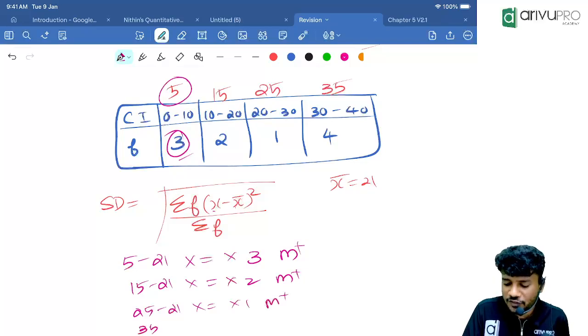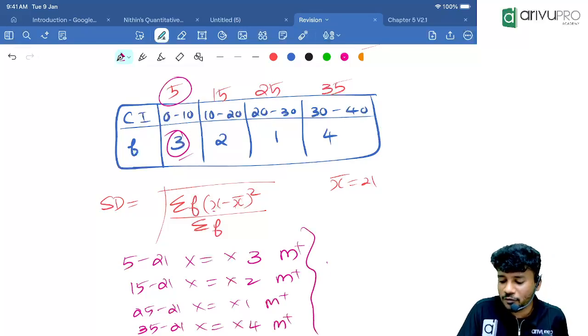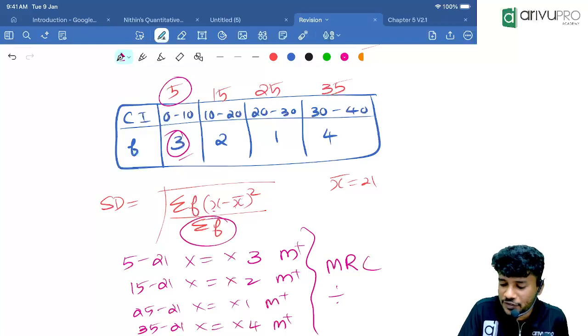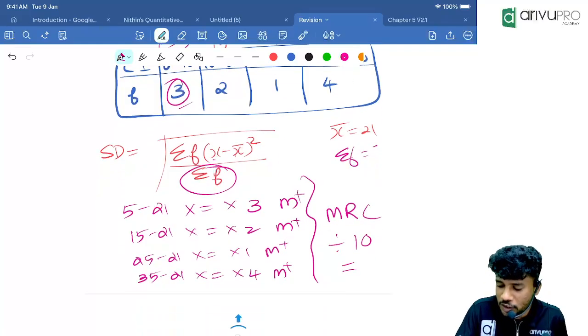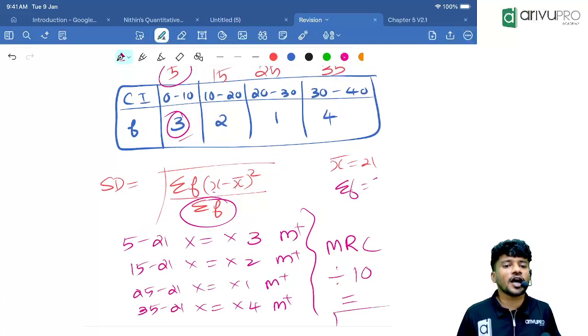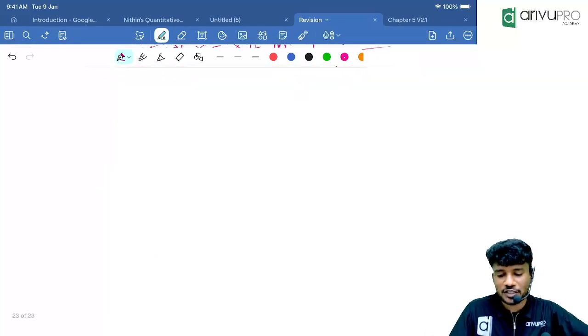Finally 35 minus 21 into equal to multiplied with what, people? 4, click M plus. Finally, MRC divided by what? Sigma f is how much, people? 10. Everyone click 10. Then click equal to. Finally click root. How much are you getting for standard deviation?